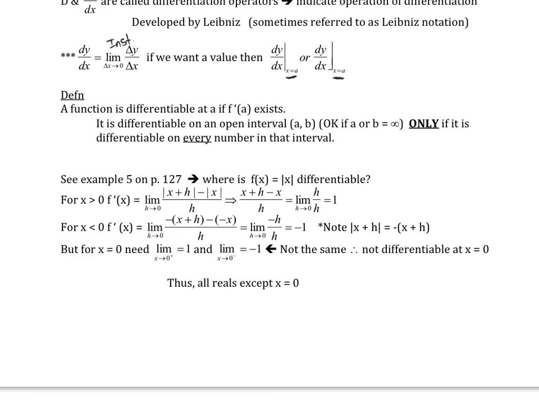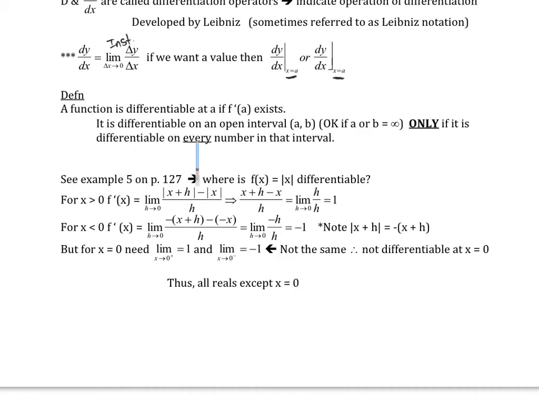All right, so here's the next definition we're going to talk about. This says that a function is differentiable at a if f prime of a exists. Okay, so that's a pretty easy concept. So if I can take the derivative at a, then it's differentiable at a.